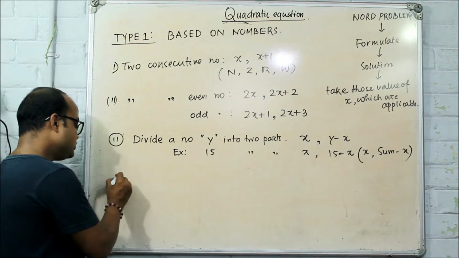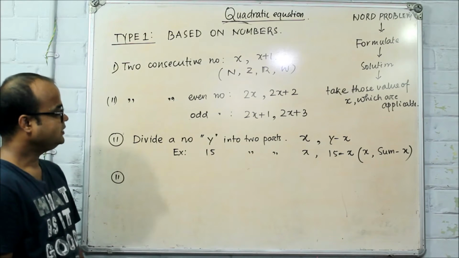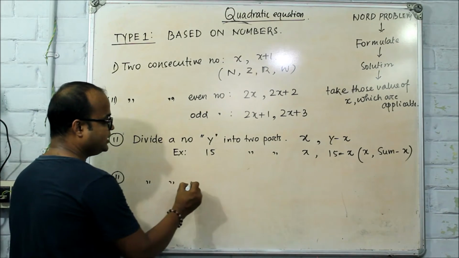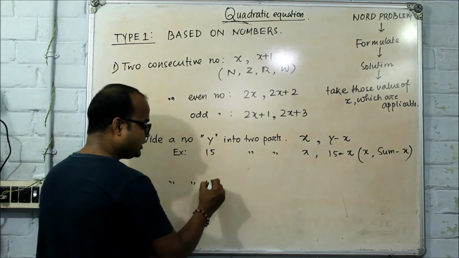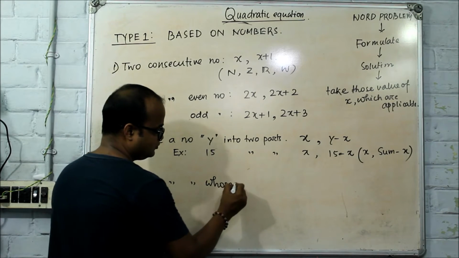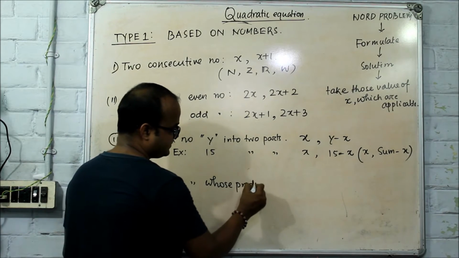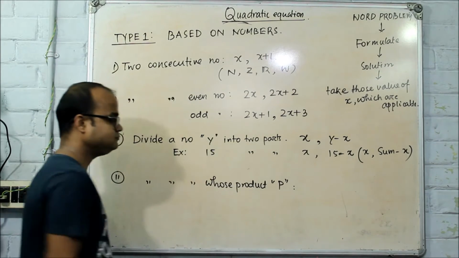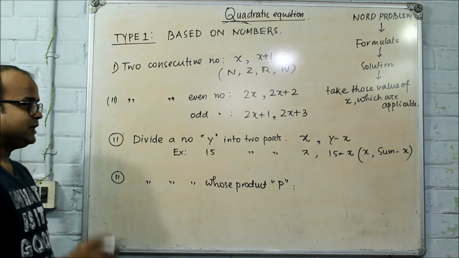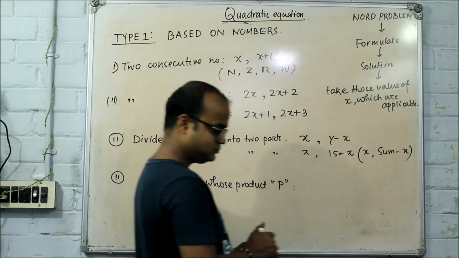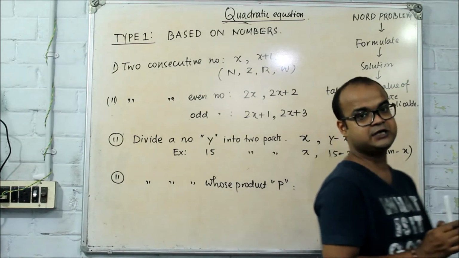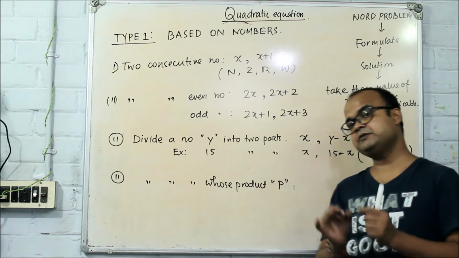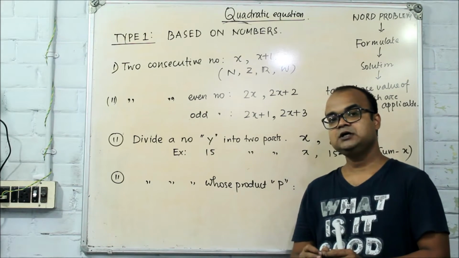Now suppose you need to divide a number whose product is given. We need to divide a number whose product is given as, suppose, p. Like 27, you need to divide 27 into two parts.